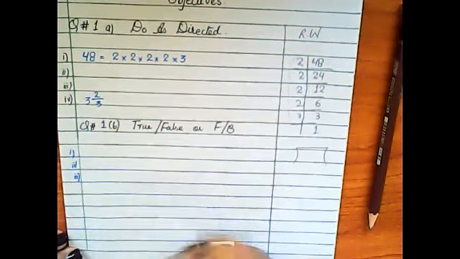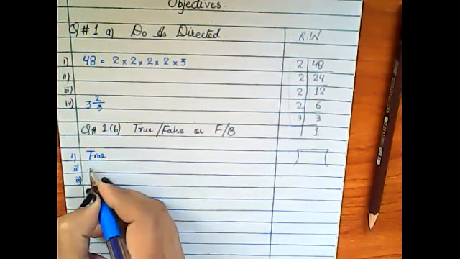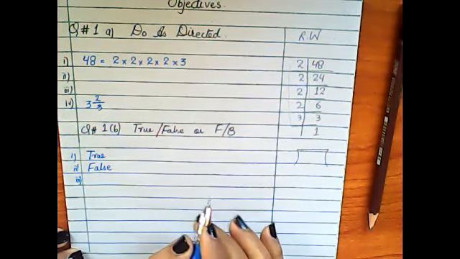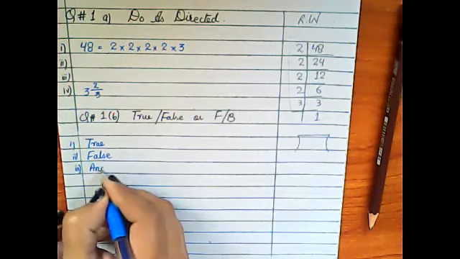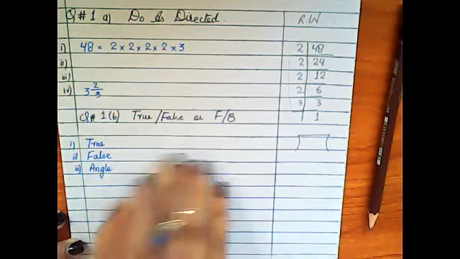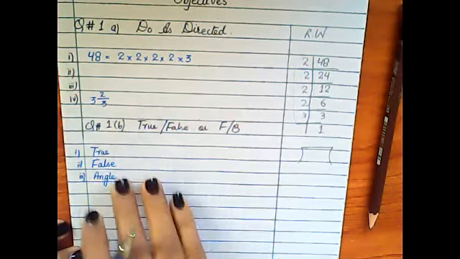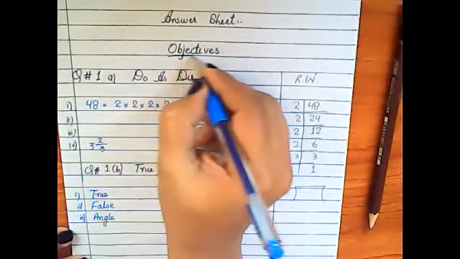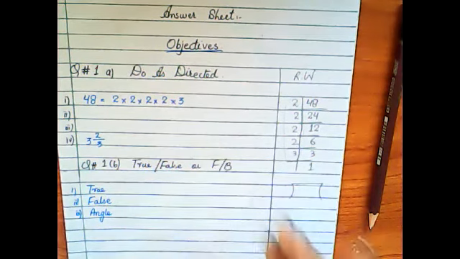Just suppose the answer is true, simply write true, with complete spelling. If the answer is false, write down the complete answer, which is false. If it is fill in the blanks and the answer is angle, simply write the answer angle. No need to copy the whole question. Just give the direct answer in do as directed and in true false. So this is your objective section, and this is the way to attempt objective sections. Now we are moving towards the subjective portion.